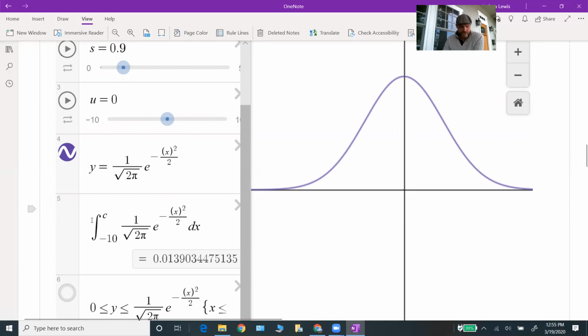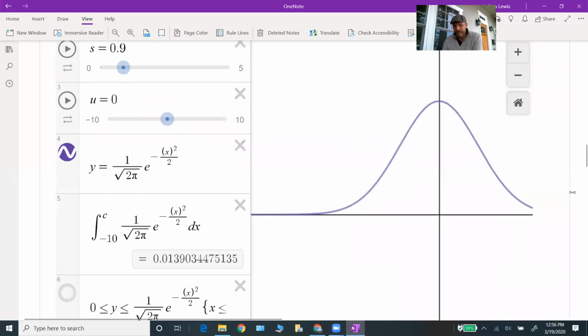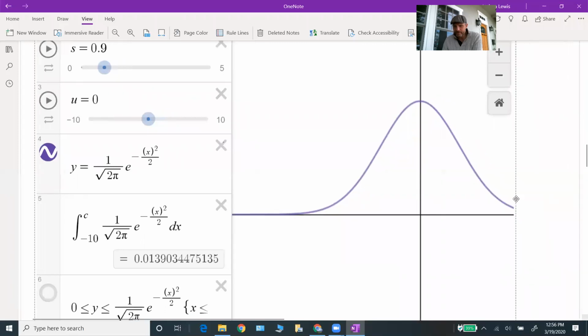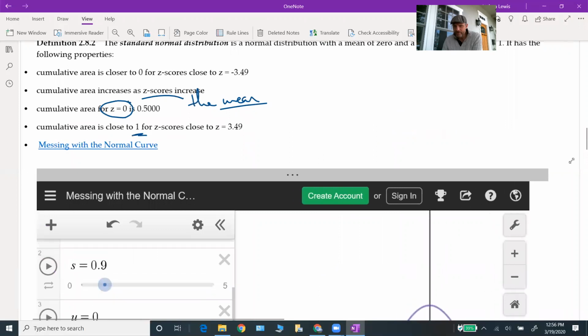This expression is an integral. You don't need to worry about that. Essentially, it's a way for me to calculate the area. And so you're going to see me move from left to right. I'm going to move this out just a little bit more so you can have a better view.